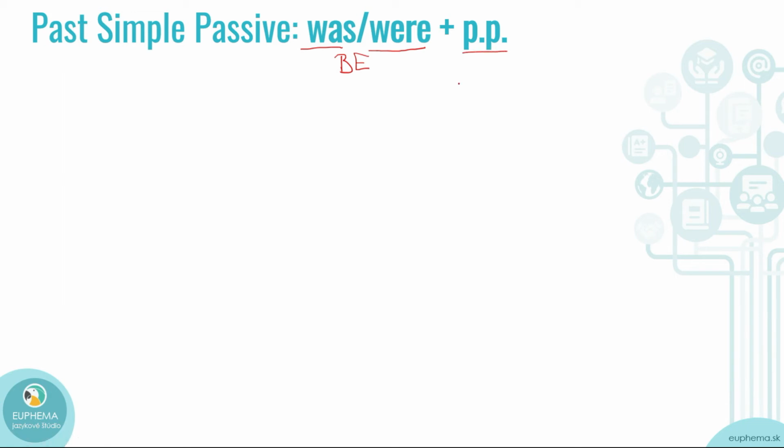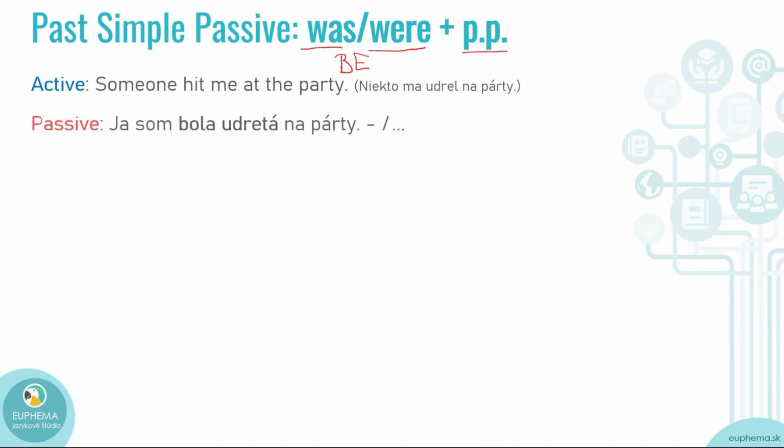Pretty simple, right? That's why it's called past simple. The first example here, someone hit me at the party. I don't know who, it's not important. That's why I'm gonna use passive. So I'm going to start with I. What happened to me? I try to make a passive sentence.